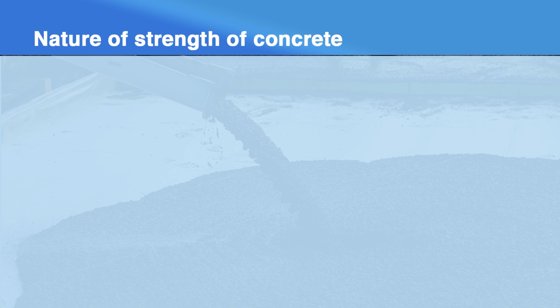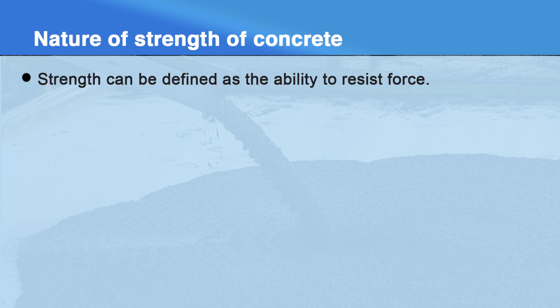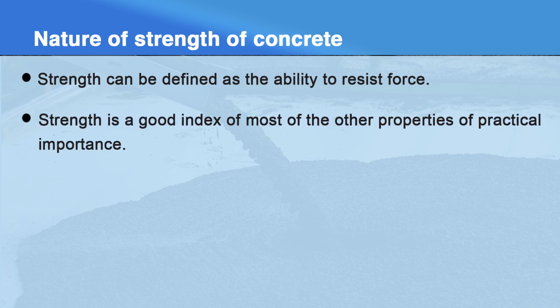The nature of strength of concrete. Strength can be defined as the ability to resist force. Strength is a good index of most of the other properties of practical importance.